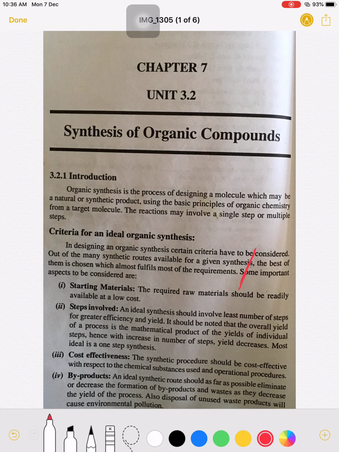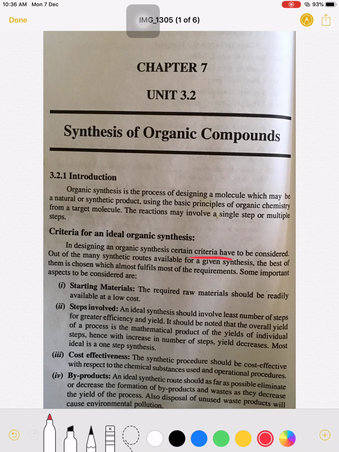So for that we must have some criteria to follow the steps in organic synthesis. Which are the ideal steps to synthesize an organic compound? Now see here, in designing an organic synthesis, certain criteria have to be considered. Out of the many synthetic routes available for a given synthesis, the best of them is chosen which almost fulfills most of the requirements.